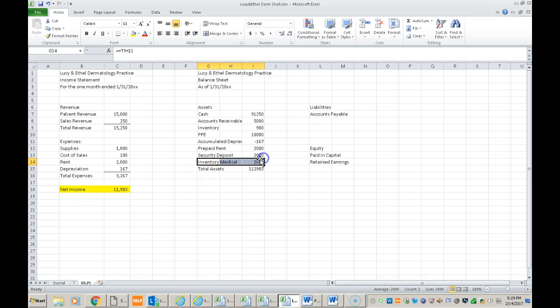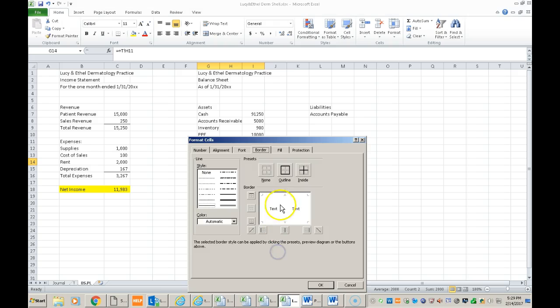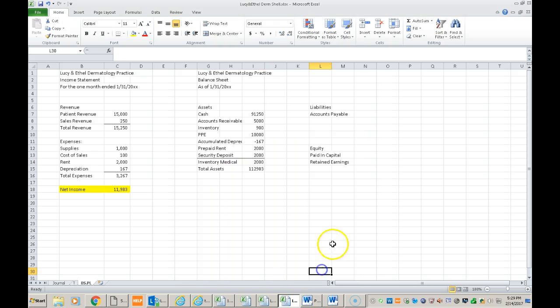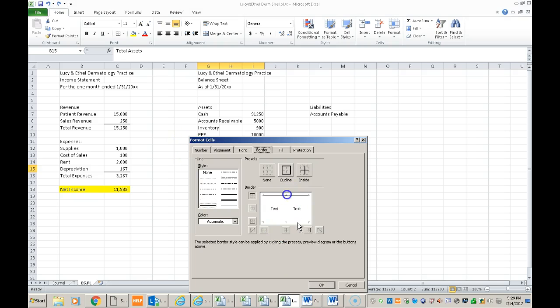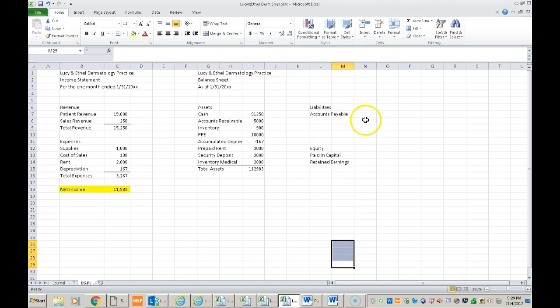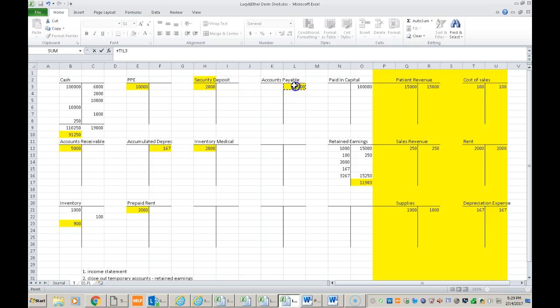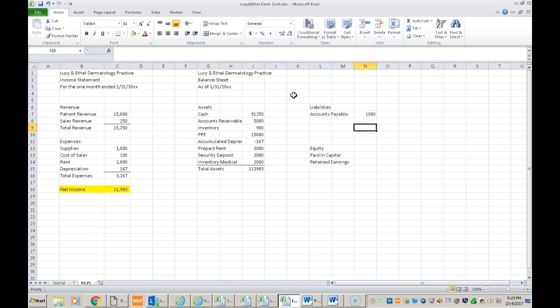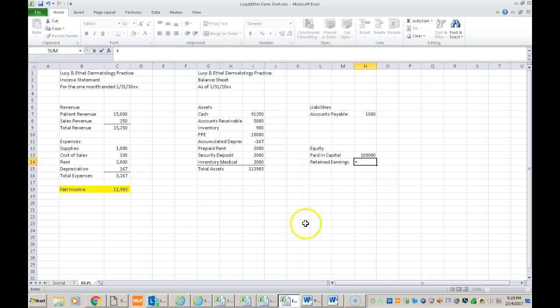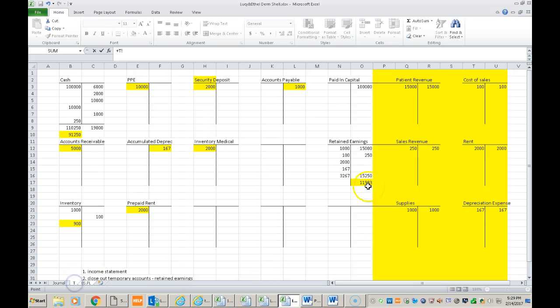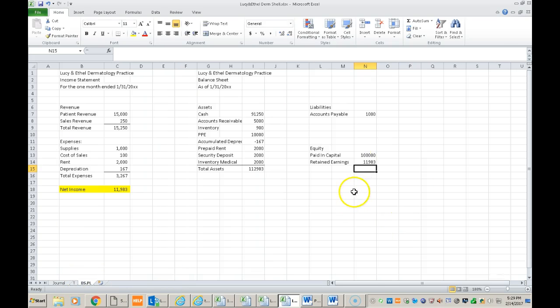It's always good, since we have a total, to make a line above there. That's incorrect, so we'll redo that. And here we have our liabilities. Our accounts payable is 1,000. We have our paid in capital, which here is 100,000, and our retained earnings, which is 11,983.